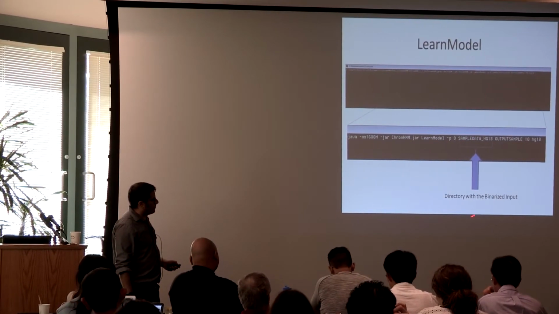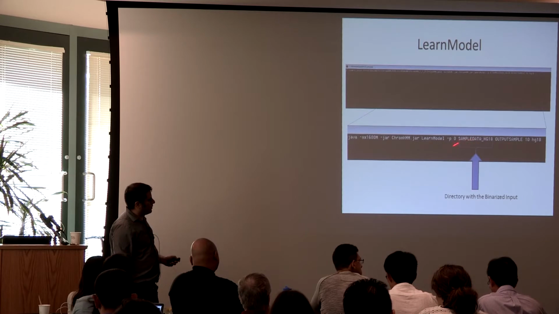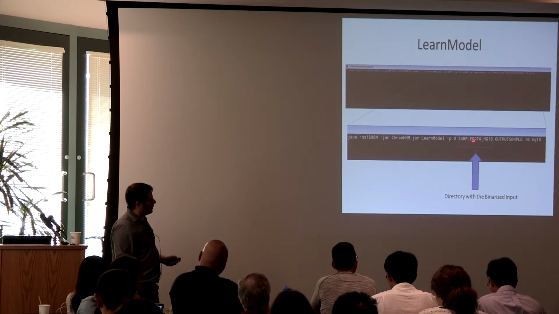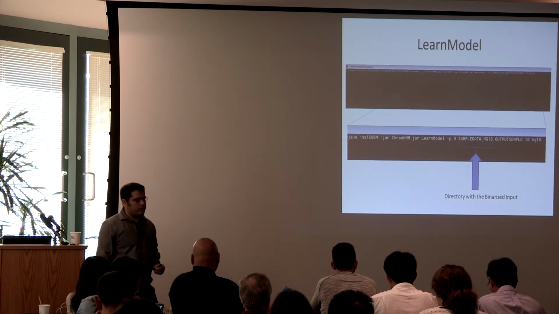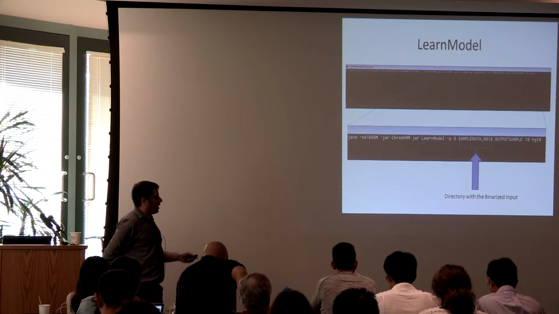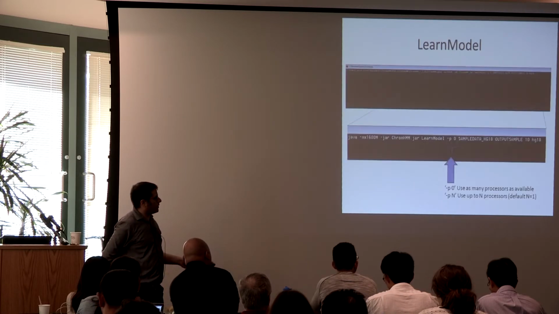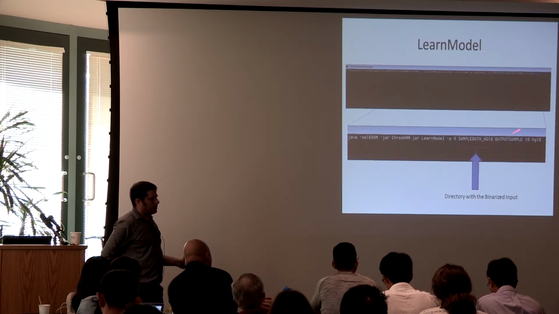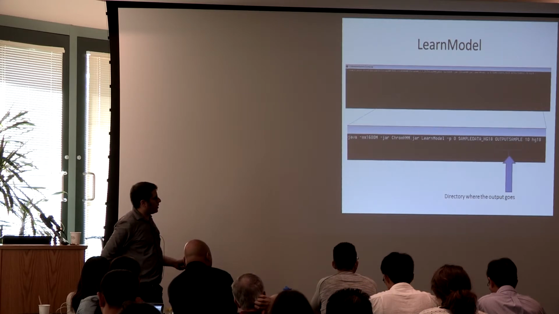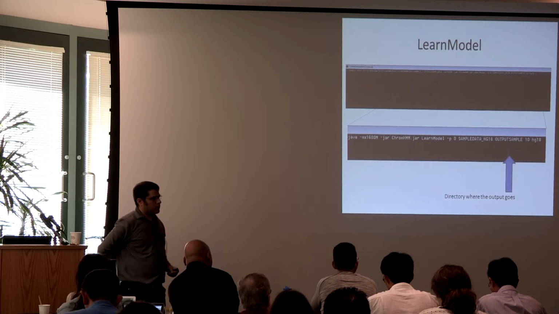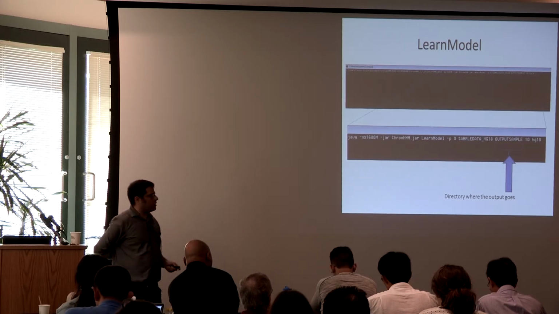The next file directory is the input, the directory which has the binarized input. So the output of the binarized bed is now the input to the learn model command. Then you have another parameter here, which is the directory where the output should be written.